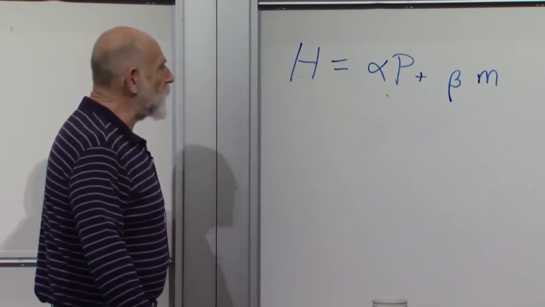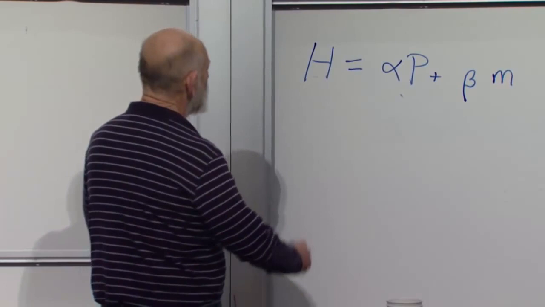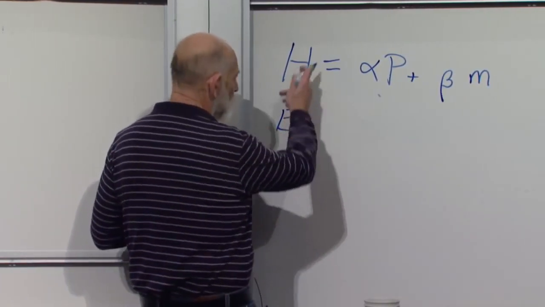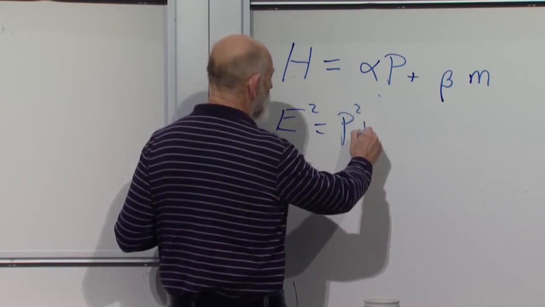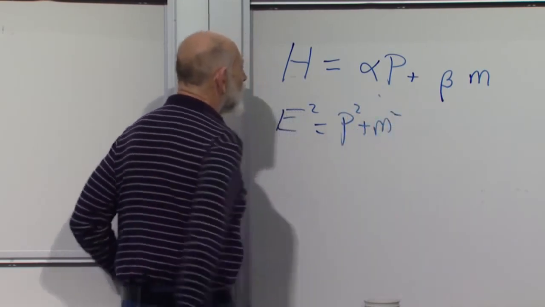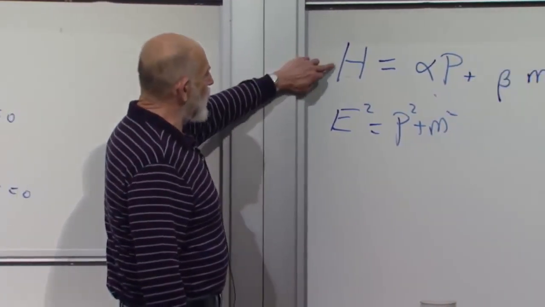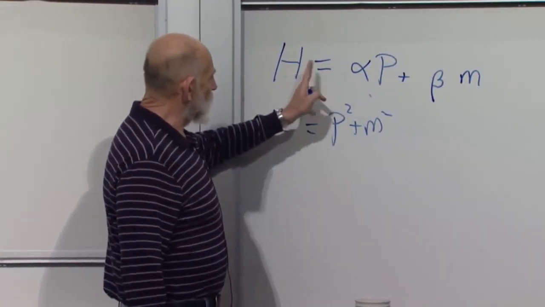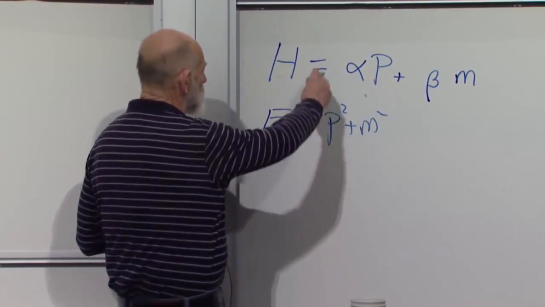And here's what he said. He said, look, here's what I know. I know that in a relativistic theory, the energy squared, which is the Hamiltonian squared, should equal p squared plus m squared. Let's insist on this. Let's insist that when I square H, I get p squared plus m squared. So let's see what that says.